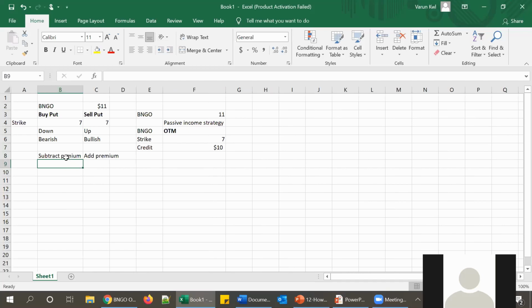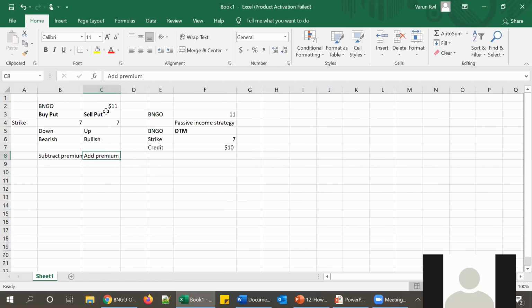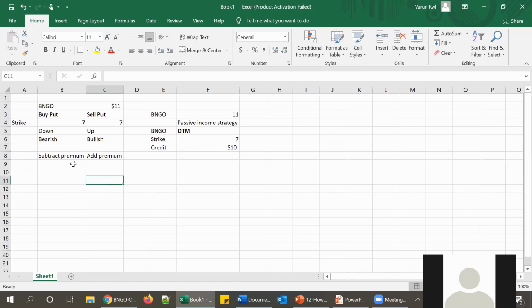This passive income strategy is completely focused on earning this premium. That's it. So if it goes, let's say, to $8 on the day when you have to close the contract, then the buyer would lose the money, because he has to bear the loss of that $1 of a difference plus the premium.